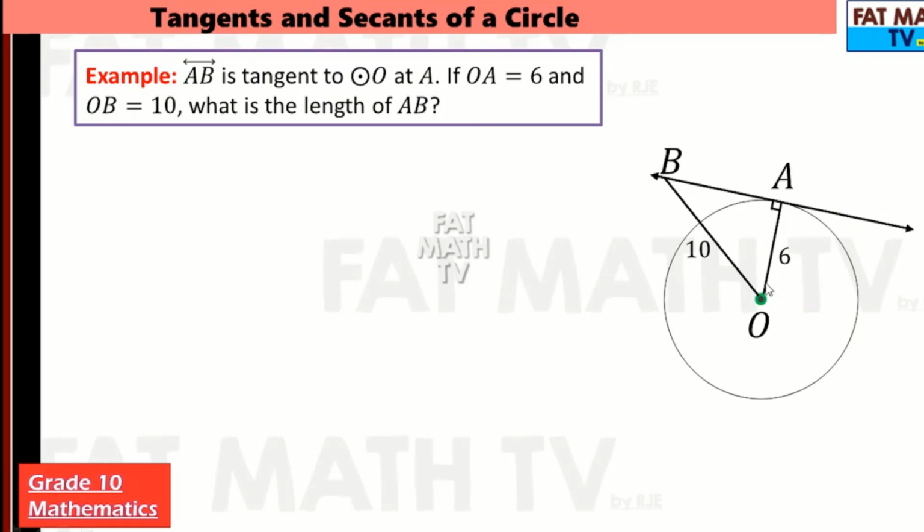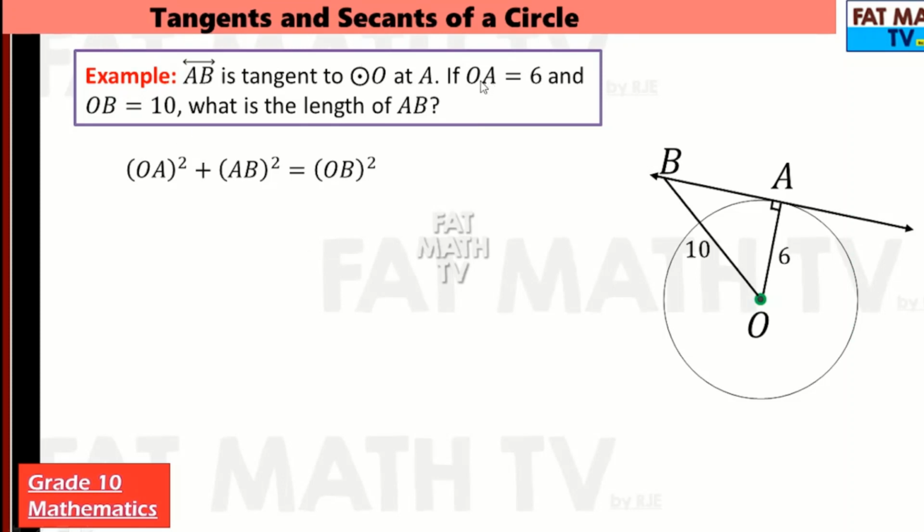So we will use the Pythagorean theorem that states that the sum of the squares of the two legs of a right triangle is equal to the square of the hypotenuse. The two legs here are OA and AB, so the sum of their squares is equal to the square of OB because this will be the hypotenuse.